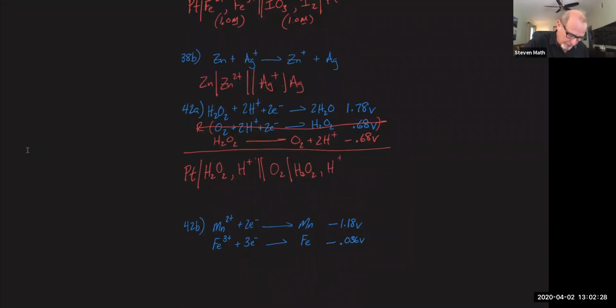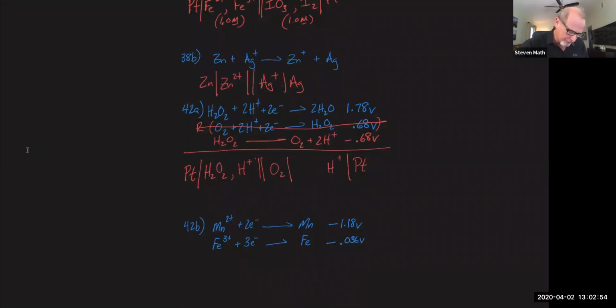And once again, we need a platinum electrode out there. Let me see what we got here. Oh, we don't need that H2O2 out there. We've already taken care of that. So that's just H+ sitting out there on the end.